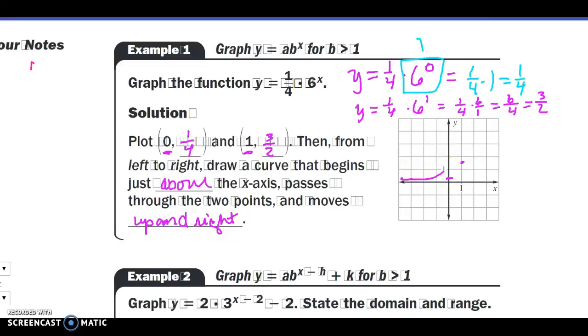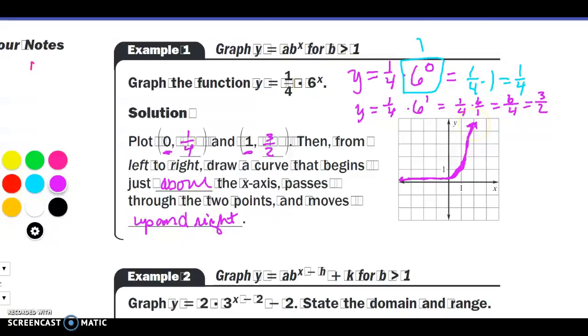Whoops, that was a slip. That didn't work. Try that again. All right, we're going to begin just above the x-axis. We're going to go through our points. This is not a very nice curve. I wish it was better, but that's the idea of it, okay? This should not be like a dot to dot. It should be a nice curve in here, okay?